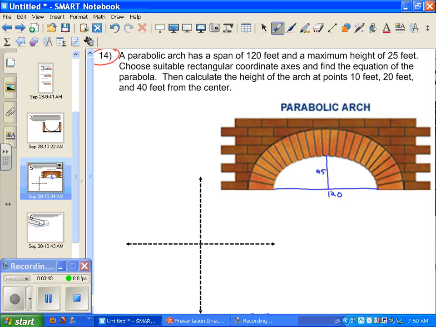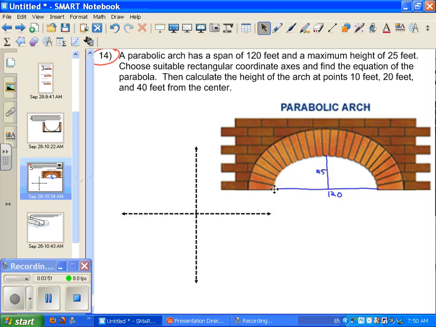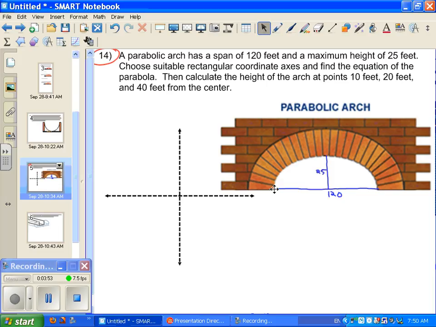Okay, well, here's my axes. Where do I want to put my origin? I only have so many places to choose from. Well, where on my arch? I could put it here, I could put it here, here.